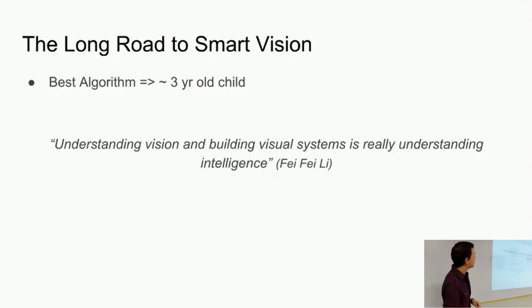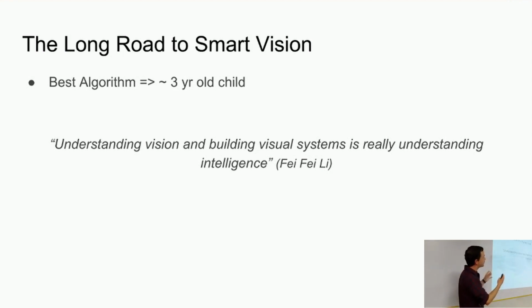To make you realize how far computer vision systems have come so far, we compare with human evolution. When we think about the latest algorithms nowadays, we believe that computer vision can do no better than a 3-year-old kid.